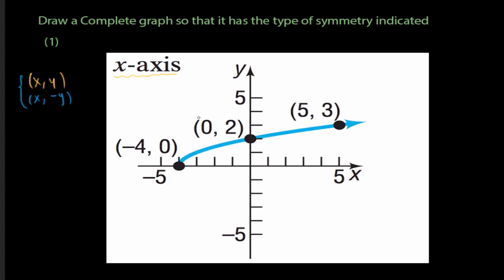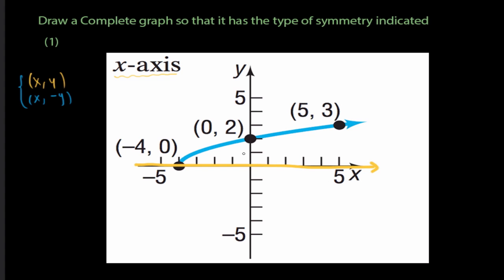Another way to look at this is that the x-axis acts like a mirror. So for any point you have on one side, we'll surely have an image at the other side of the mirror.